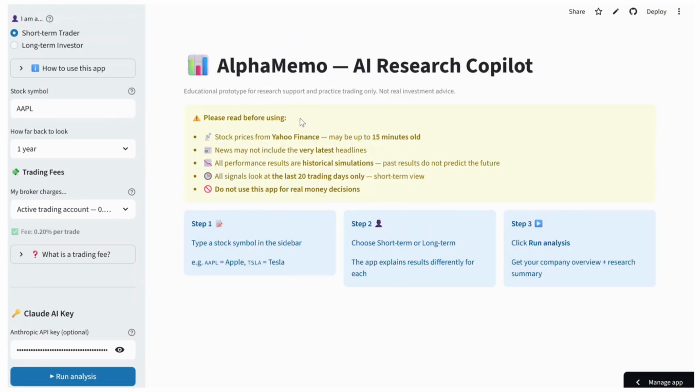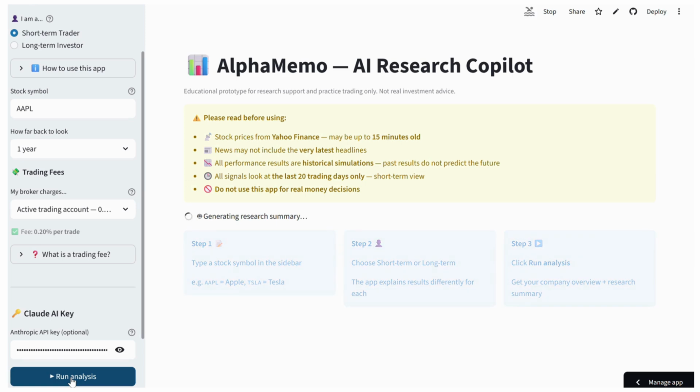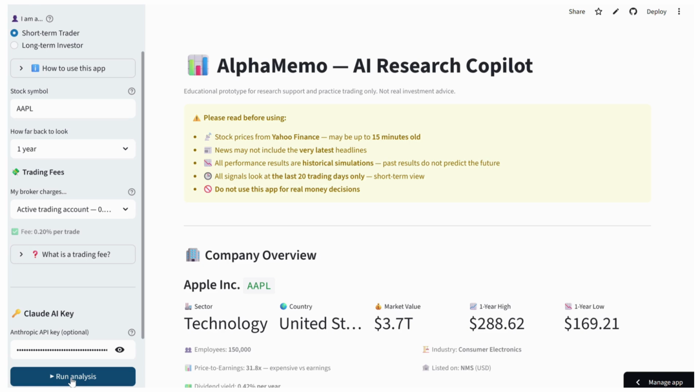Now, I will show you with an API key. Claude reads the full context of each headline. It's like a proper research memo with thesis, catalyst, and links. Notice the gap between the two models. That's why transparency about AI capabilities matters.